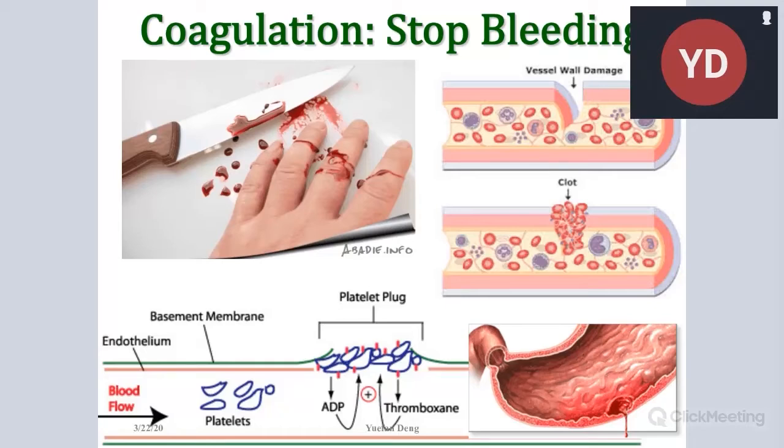Sometimes you may want to block it, but it's not easy to do. For internal bleeding, it happens to a lot of people who take aspirin, and they cannot stop the internal bleeding. Internal bleeding is fatal in many situations.